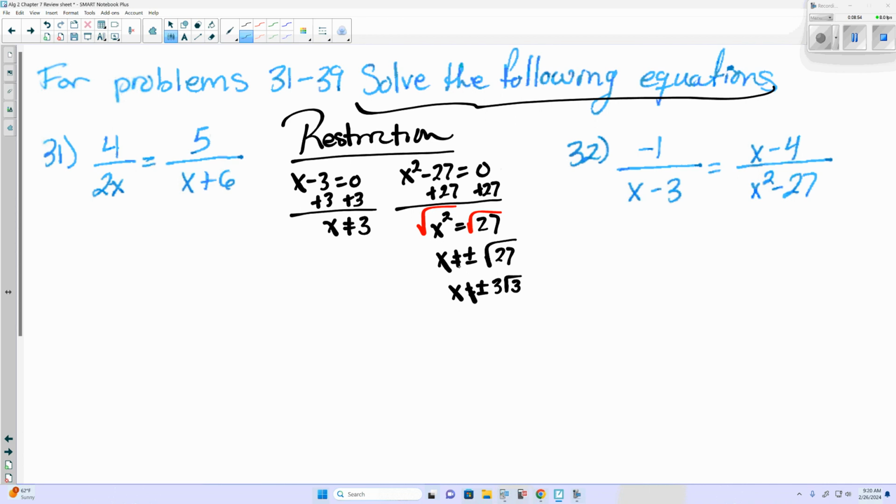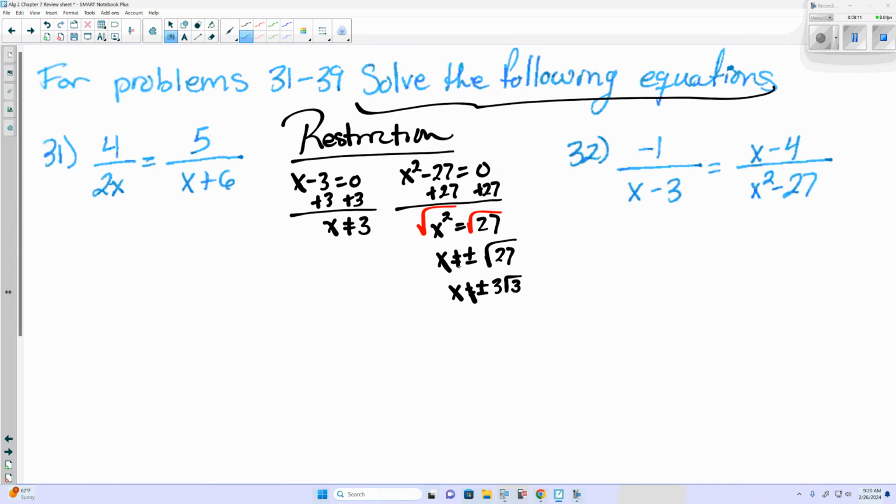And we could find that by plugging that into the calculator, but we get this here. So if we solve this here and get a value of 3 or positive or negative 3 square root of 3, then those values don't work. We have to remove them from the solution.